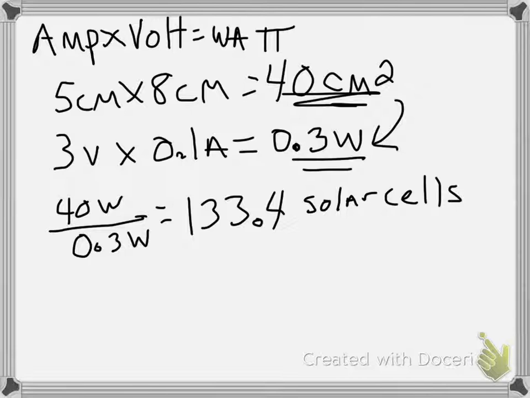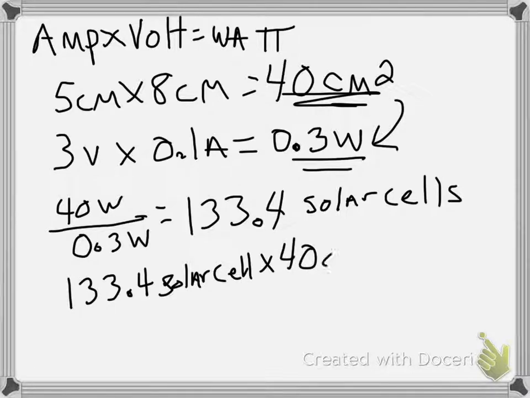So if I need 133.4 solar cells, that's how many I'm going to order, and I want to know how much space this is going to take up. Each one of these cells is 40 centimeters squared, so I'm going to take 133.4 solar cells and multiply that by the area of 40 centimeters squared.